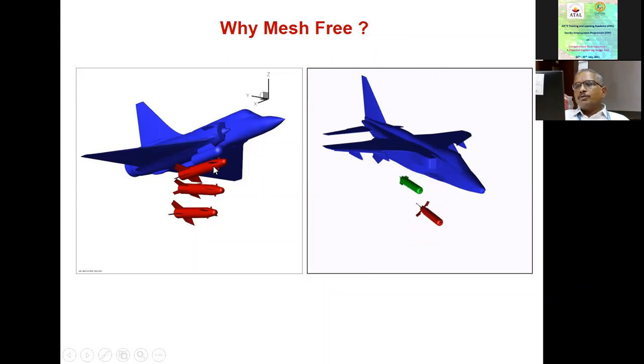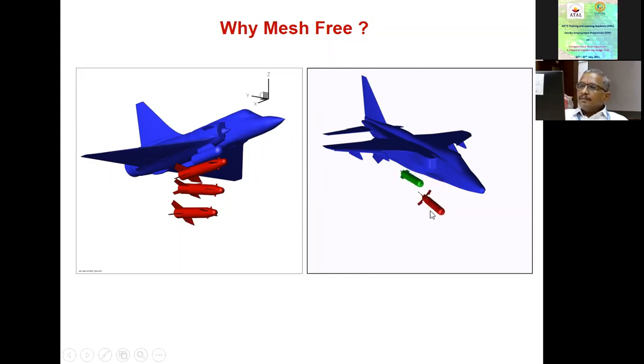So whatever approach one uses, whether it is structured grid or unstructured grid or chimera approach, a lot of effort is required in generating the grid itself at every instant of time. Here is another example, which is even more complex than this. You see, multiple bodies are released.